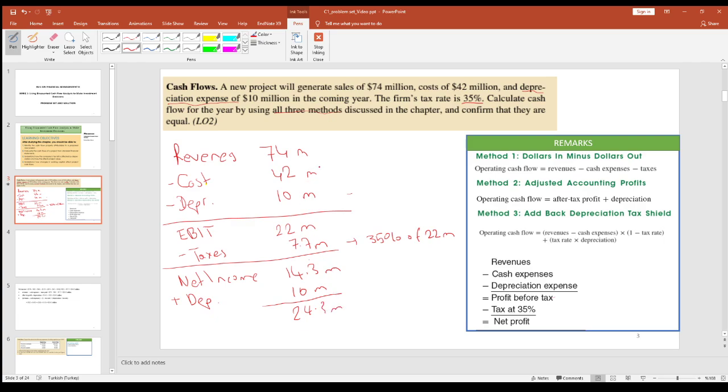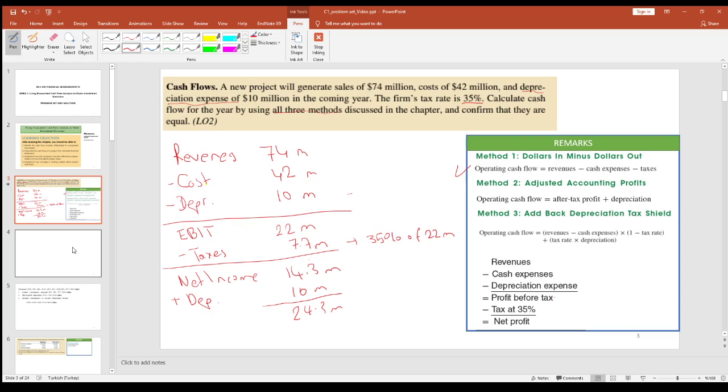This is in fact one of the methods, but let's do each of these methods one by one. Let's start with the first equation. It says operating cash flow equals revenue minus cash expenses minus taxes. Cash expenses means the expenses that require cash outflow, so in this sense we should exclude depreciation from revenue.